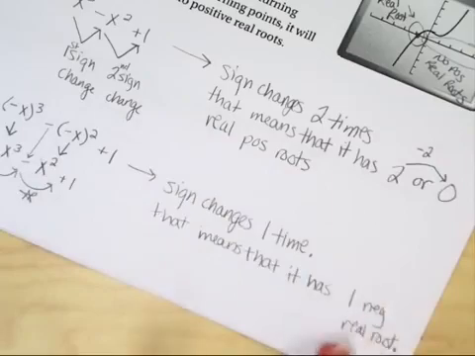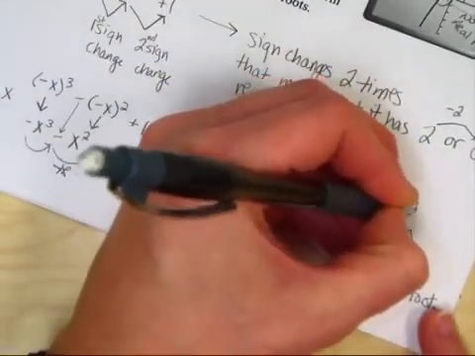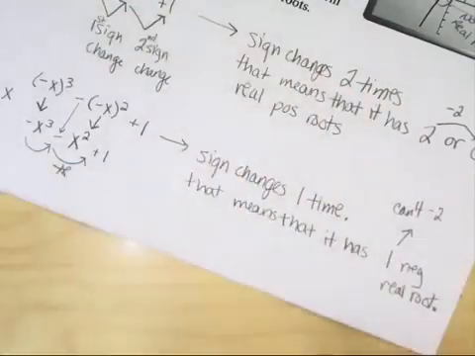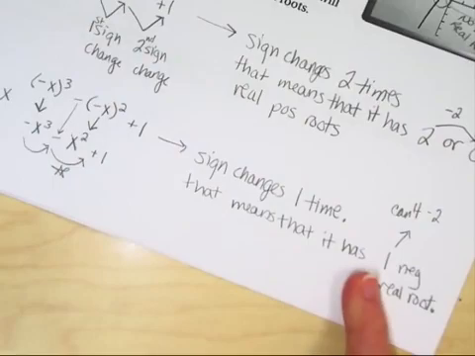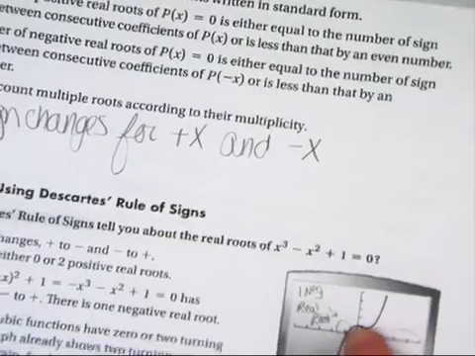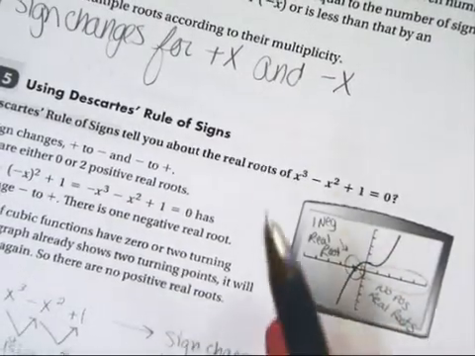Now, if I were to back off 2, you can't subtract 2, because it would be negative. So that means it absolutely has to have 1 negative real root. Now, if you look here, that did happen, didn't it? We had 1 negative real root that went through our x-axis.